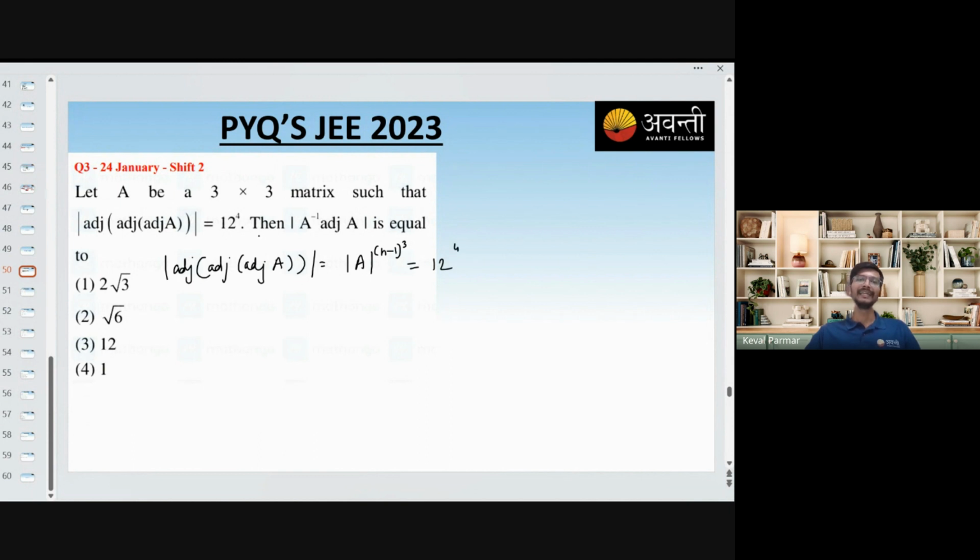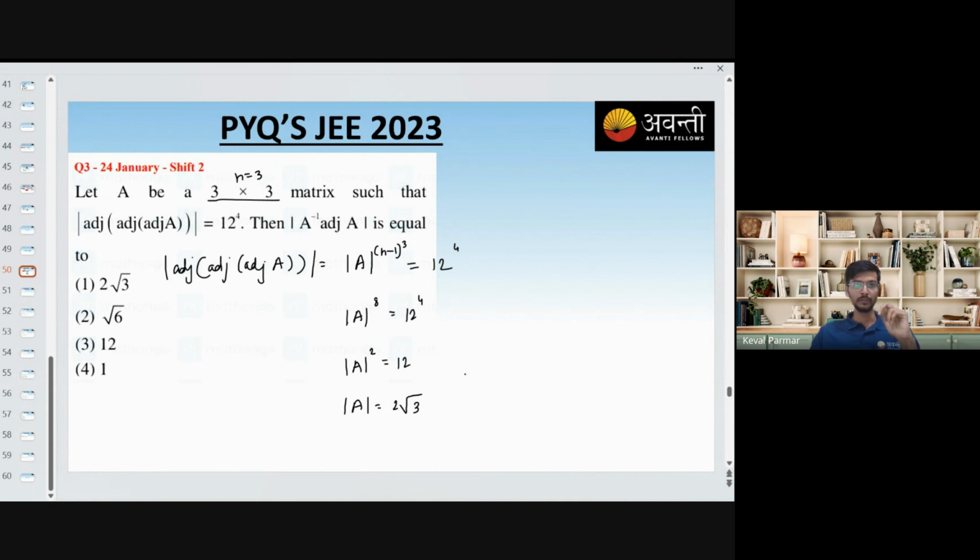Here n is 3. So we can write determinant of A raised to the power 8 is equal to 12 raised to the power 4. That means determinant of A the whole square is basically 12. So determinant of A will be under root of 12, which is 2 root 3. Correct? Which is 2 root 3.